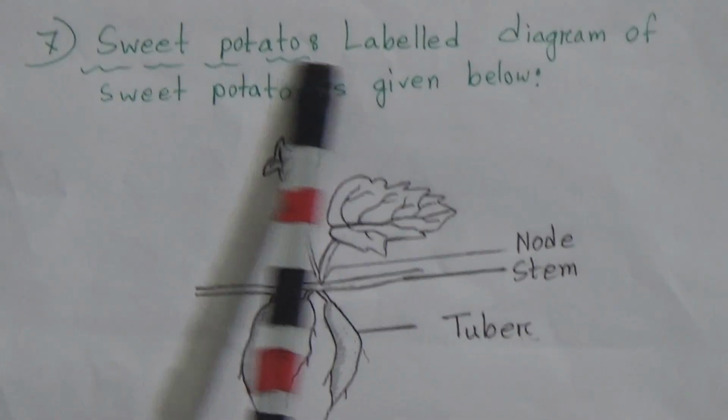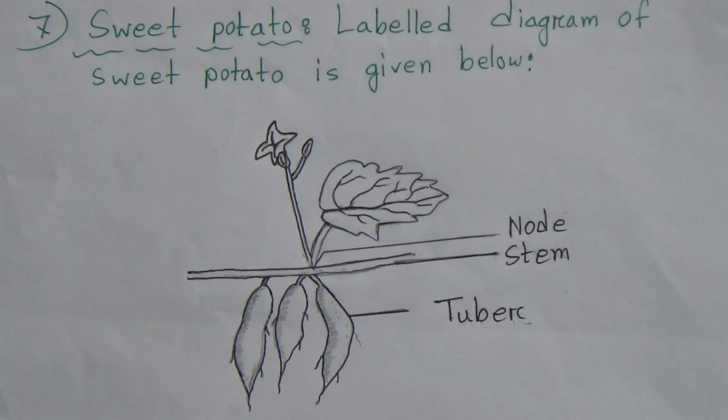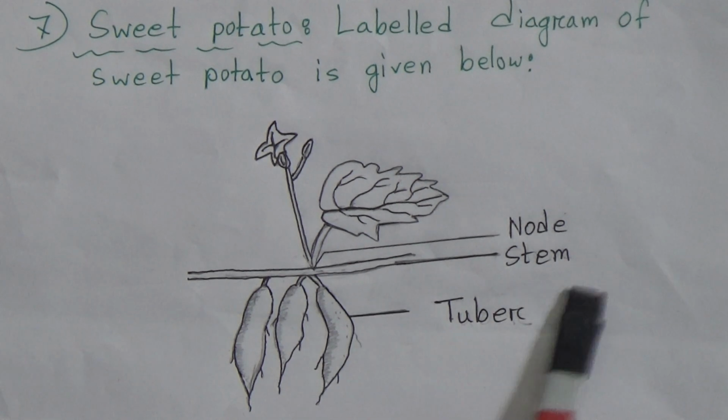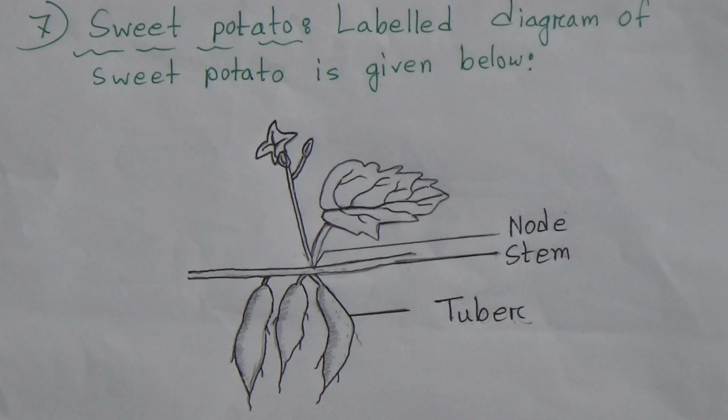Number 7 is sweet potato. Label diagram of sweet potato is given below. I have labeled here node, and this one is stem, and this one is tuber. And students, this is modified root. Sweet potato is one kind of modified root, and you have to write down the figure name also. Here the figure name is sweet potato.